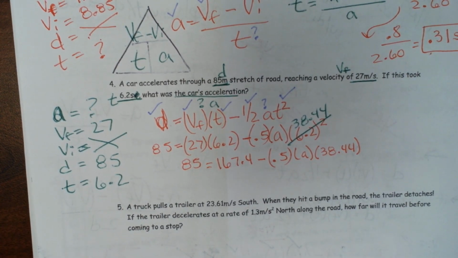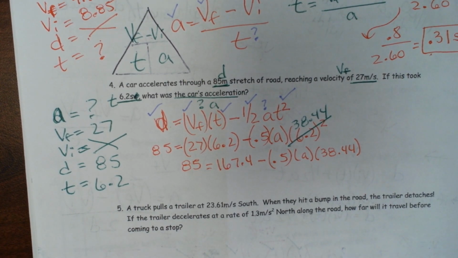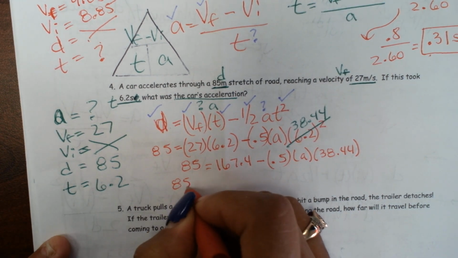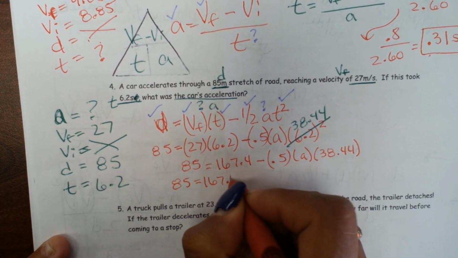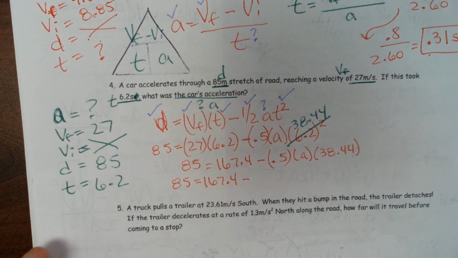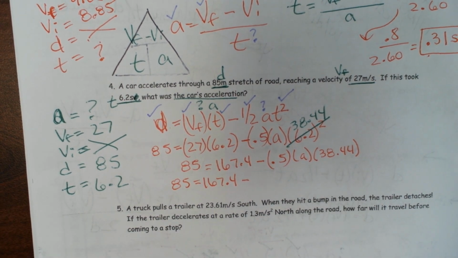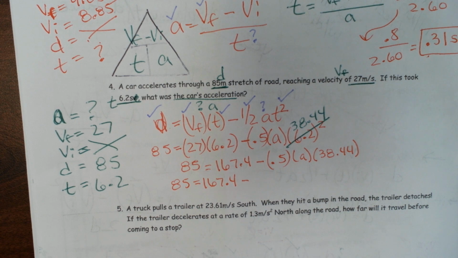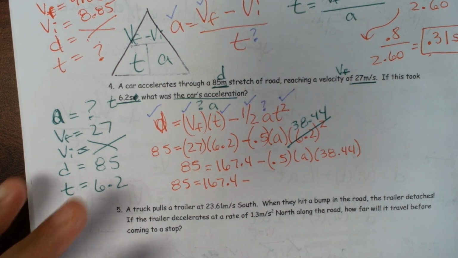Here's where I'm at. Again, please excuse my dear Aunt Sally, is super, super important, okay? Now I want to go ahead and simplify this a little bit more, and to do that I'm going to say 85 equals 167.4 minus all of those variables are actually being multiplied together. So I'm going to go ahead and multiply the 38.44 times 0.5.